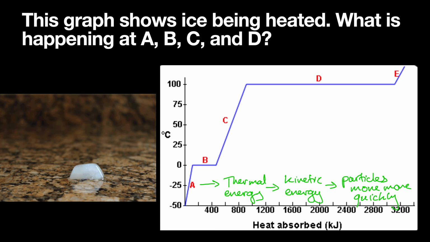Energy isn't transferred to kinetic energy, but it's just transferred to the intermolecular forces, the bonds between the particles. This causes the particles to move further apart and causes it to change state from ice to liquid. This is known as the latent heat of fusion.